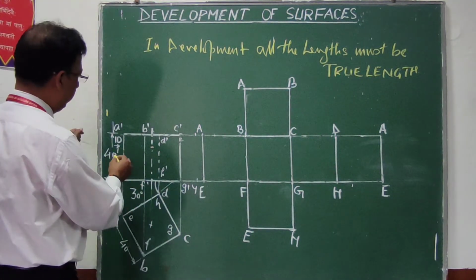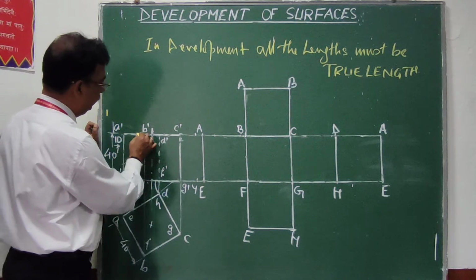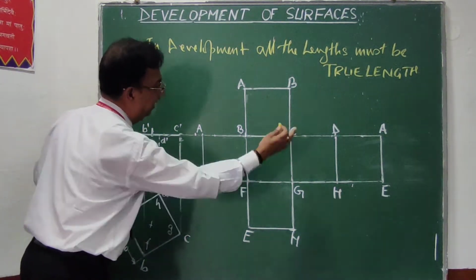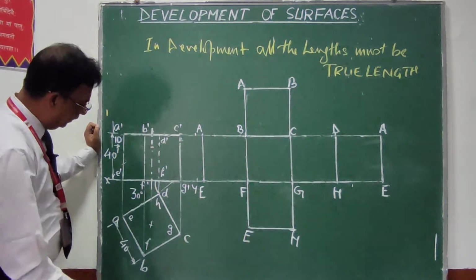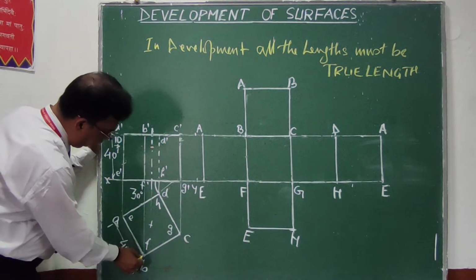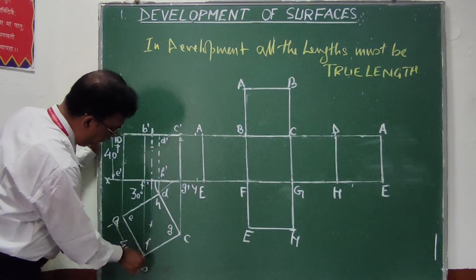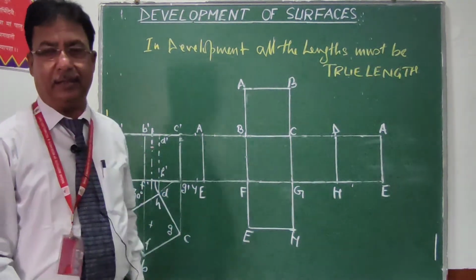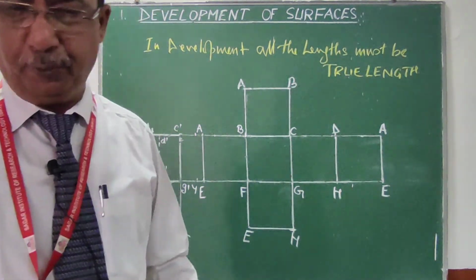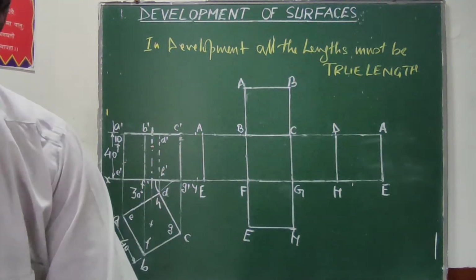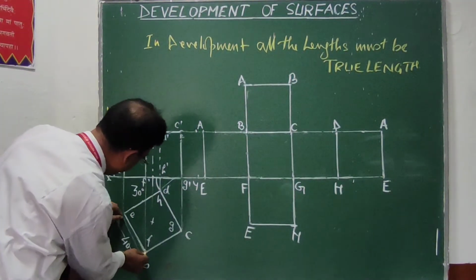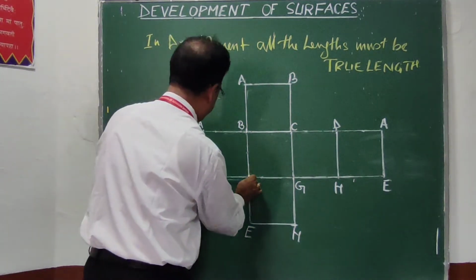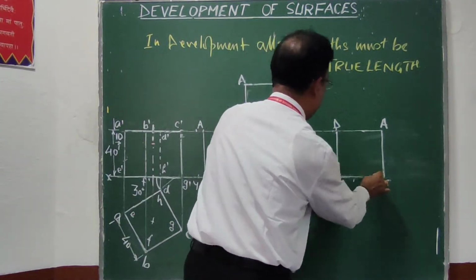So I am going to use these two lines and extend them parallelly. In the top view the base length will be true length, so I have picked this AB length from the top view and I am going to use it for the development. Picking the AB length, in this figure we marked 1, 2, 3 and 4.